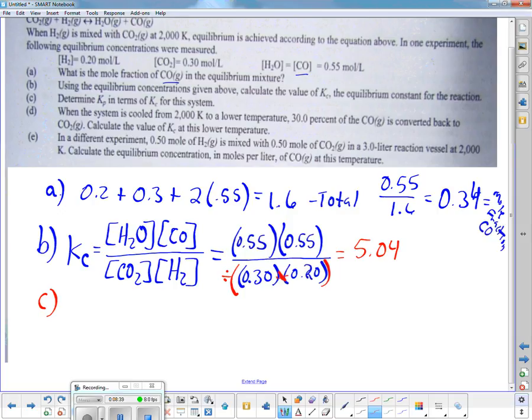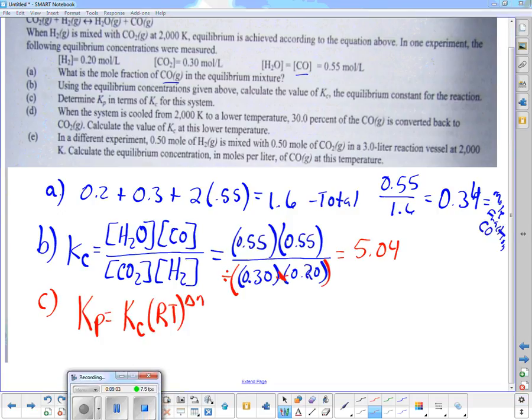We're looking for an equation that goes from Kc to Kp, or Kp to Kc. It'll be underneath your equilibrium area. Okay, so here's the equation. We couldn't find it on the sheet that we had, so I'm assuming that we'll have to remember it.